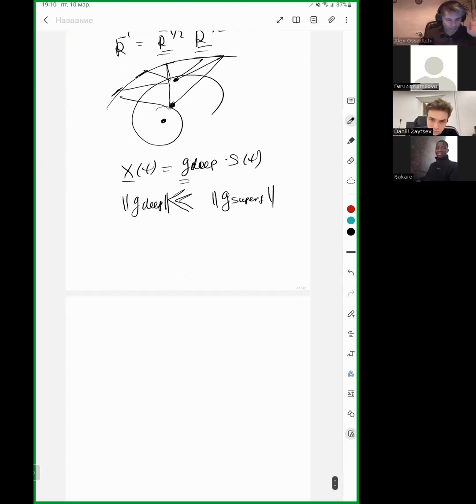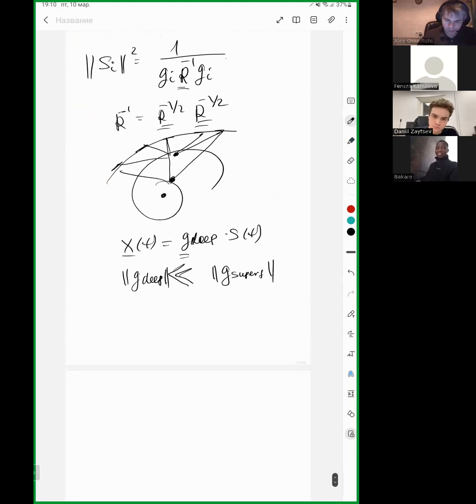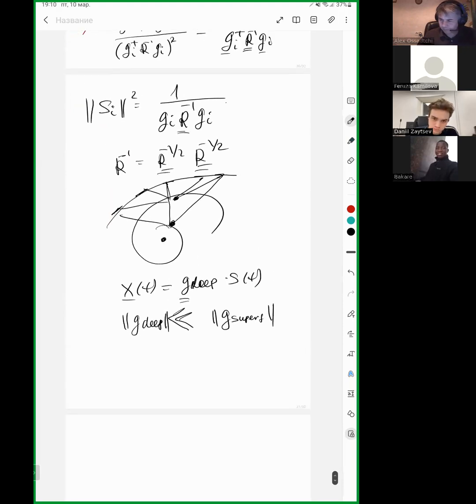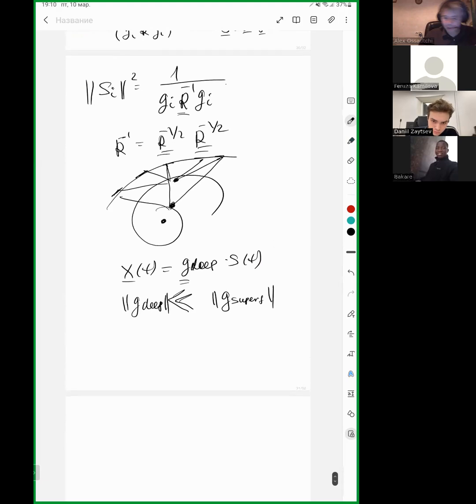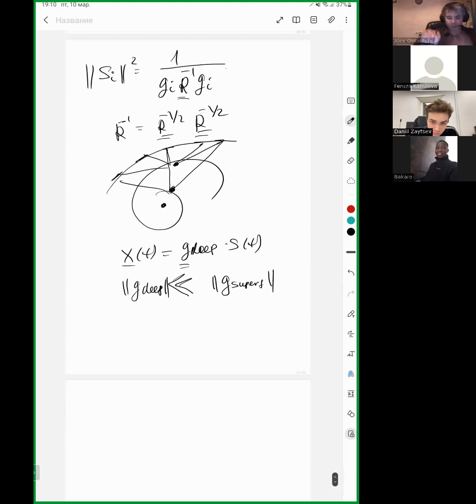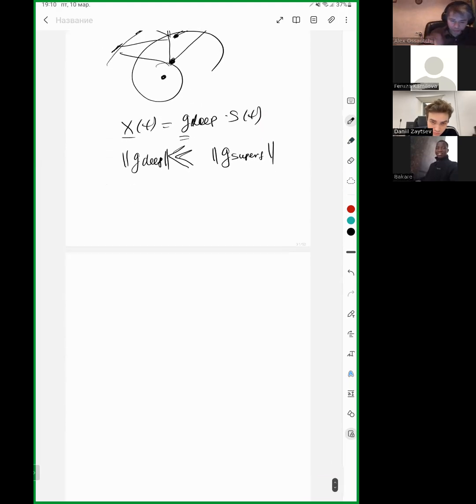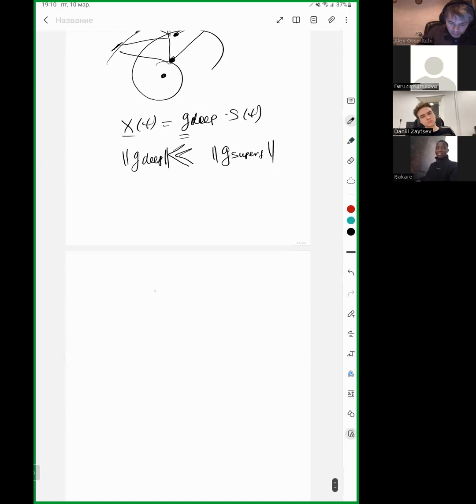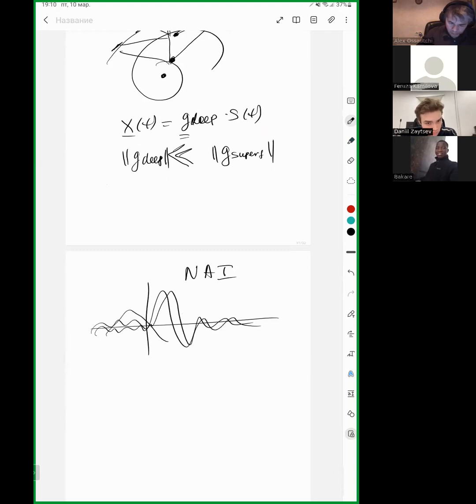We have a paper on this, from 2005, I forgot how it's called, but basically it analyzes this biasedness of this beamformer, right? But what you can do is a very similar, very simple thing. Usually, there is such a thing called the neural activity index. Typically our evoked responses look like this, right?